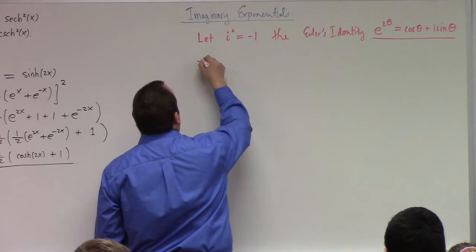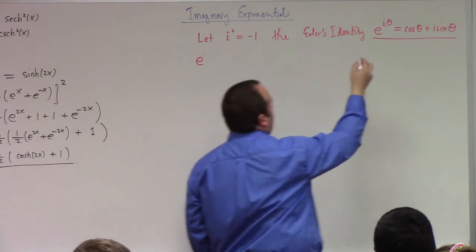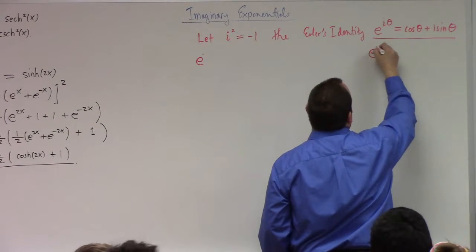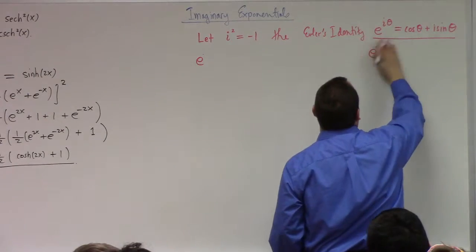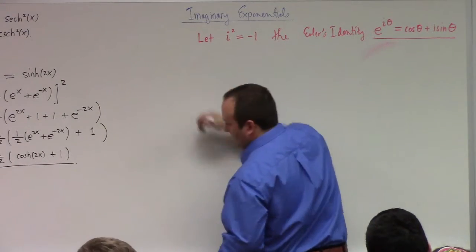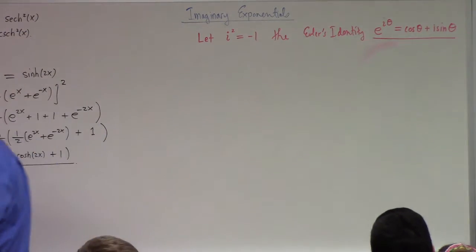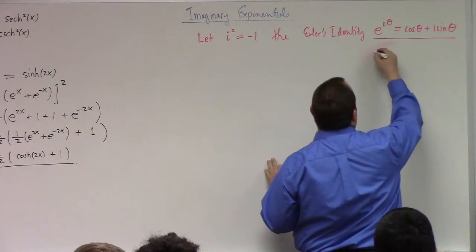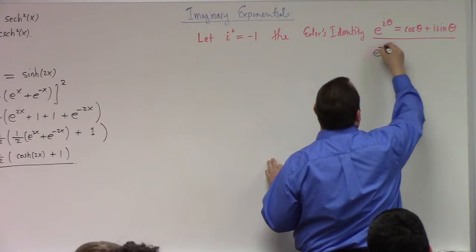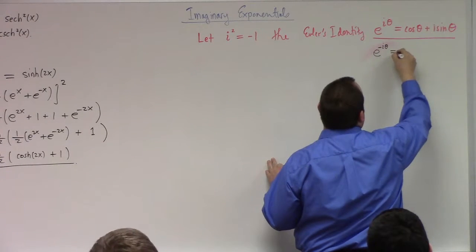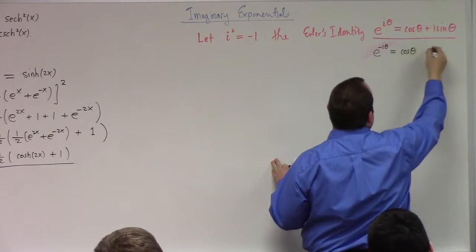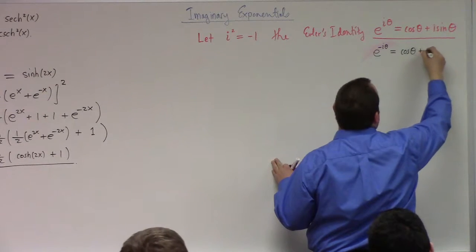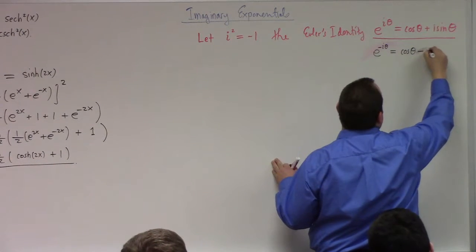What is e to the minus i theta? Well, let me do it right here. If you believe what I wrote in red, you should believe what I'm about to write in black. Cosine is even, sine is odd, so if I replace theta with minus theta, I should get cosine theta minus i sine theta.